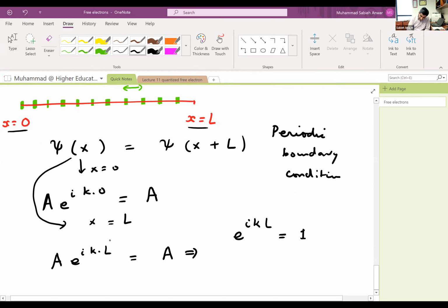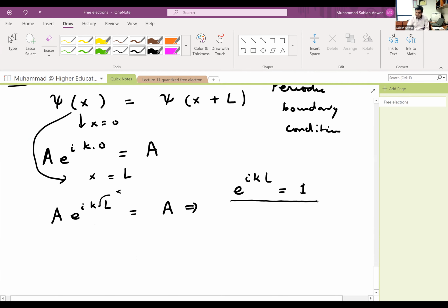By the way, there's no need for a dot here because it's just one dimension. So just look at this, what I've underlined. k must be such that e raised to i k L equals 1. Now, when will this be true? This will be true when kL is some multiple of 2 pi.